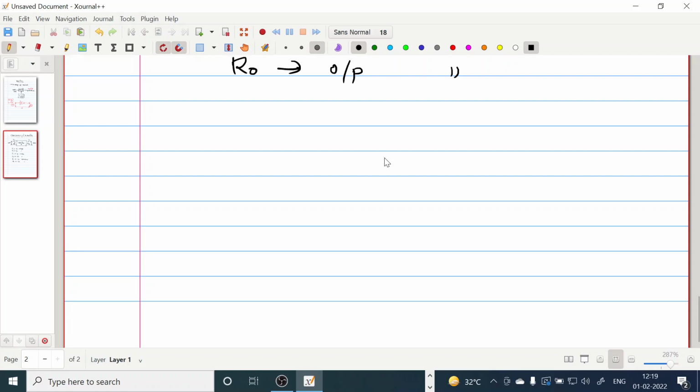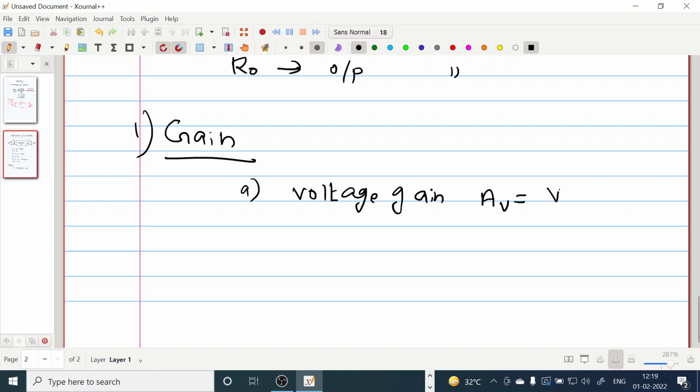Okay, so when we discuss the gain of an amplifier, we are speaking about the characteristics. So first characteristic is gain. In gain we have three types of gain. First one is voltage gain, indicated as AV is equal to VO by VI. Second is current gain, indicated as AI is equal to output current by input current.